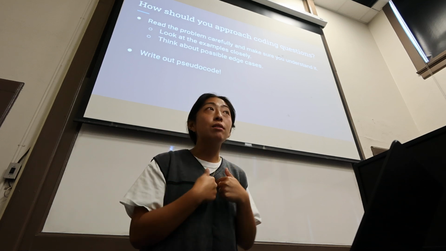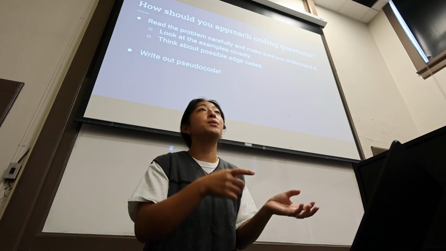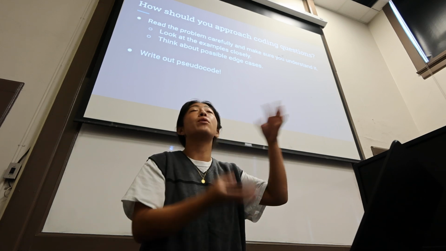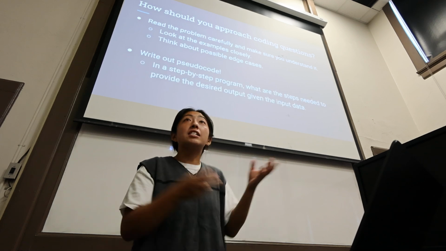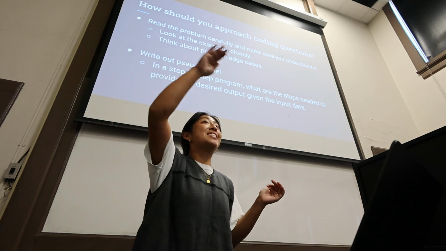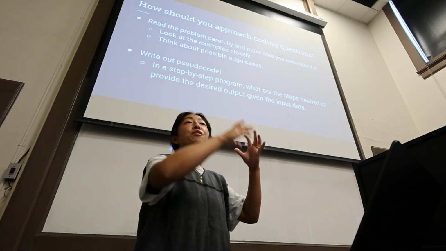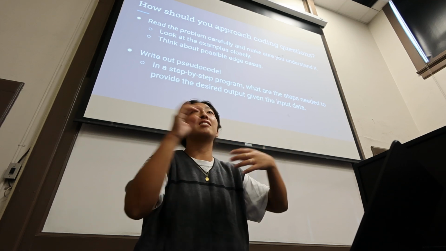The next thing that I would do is write out pseudocode. So literally write English for the steps that you would take to outline how you would write the program. In a step-by-step program, it's line by line by line, right? So it's step by step by step. Try to figure out, given the input data, how you would get the desired output.